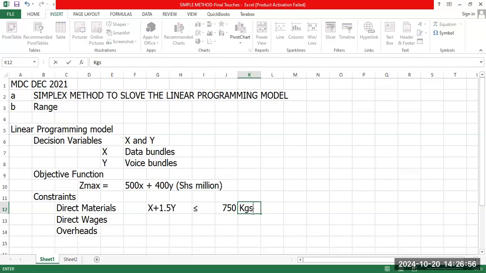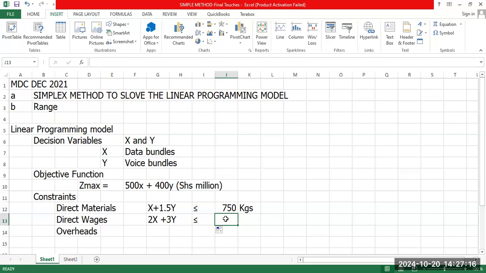That's what is available. Then direct wages is 2x plus 3y, also less or equal to 1,500.